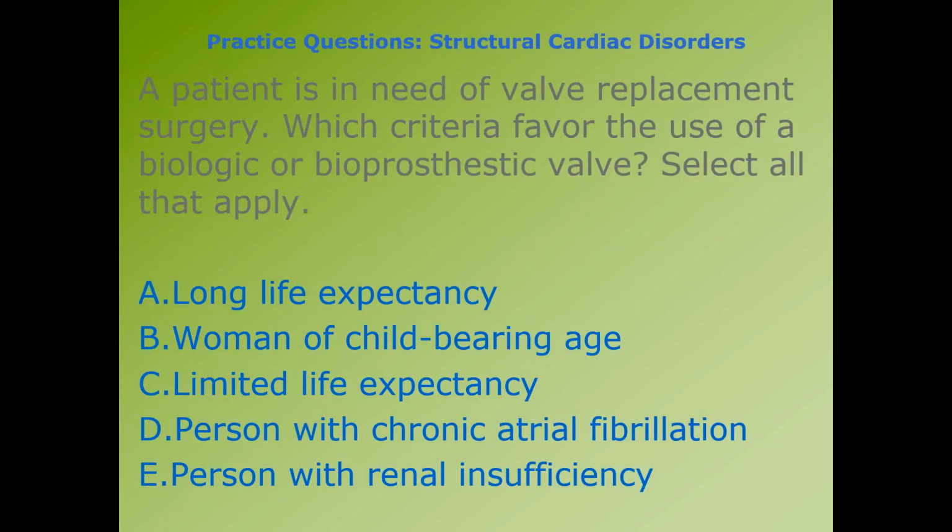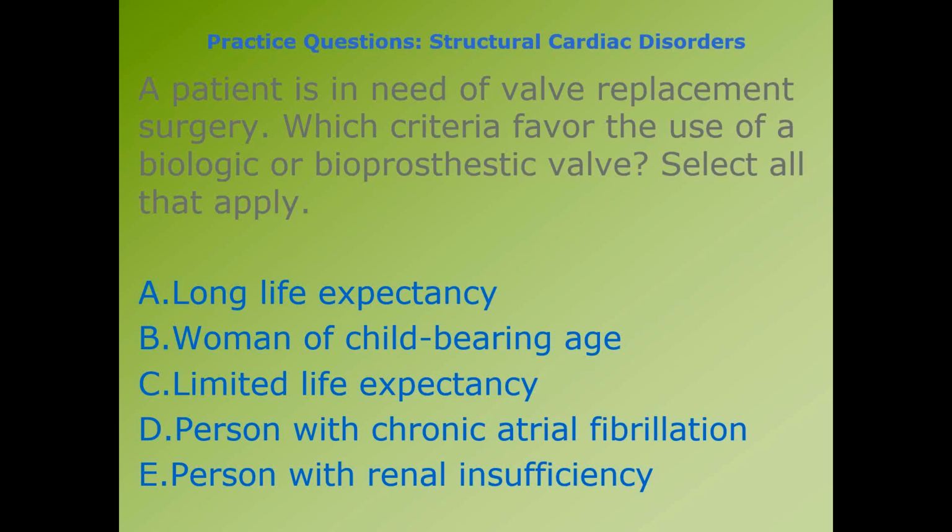A patient is in need of valve replacement surgery, so which criteria favor the use of a biologic or prosthetic valve? Select all that apply. When we talk about the valves, we discussed in our presentation in the Learn material that there are two types, a bioprosthetic or biologic valve, and then there's the mechanical valve, and there's different criteria for each valve.